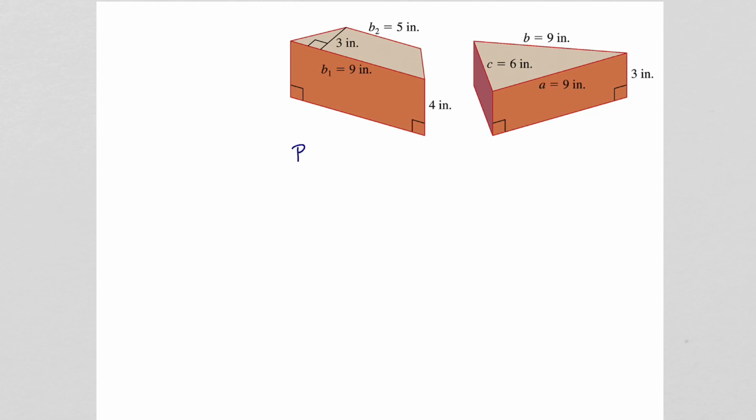So the area of the base of the trapezoid would be the height of the trapezoid, not of the solid, divided by 2, multiplied by, add the bases.